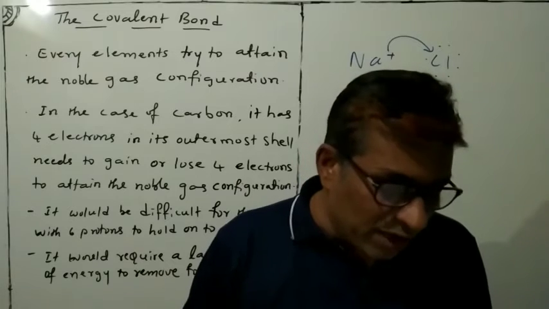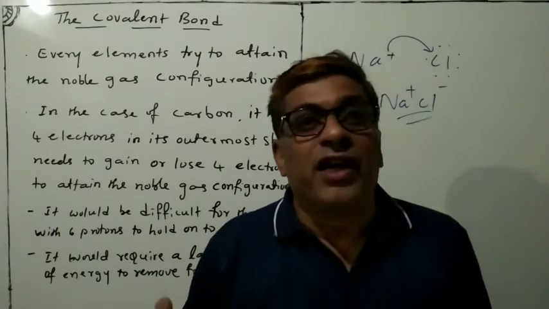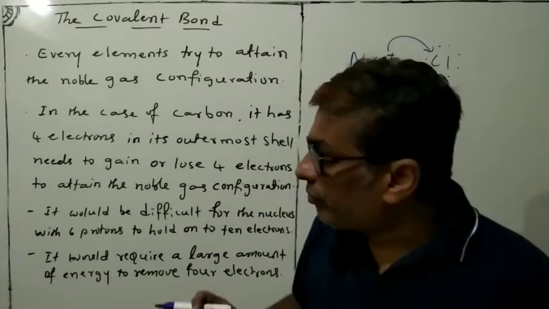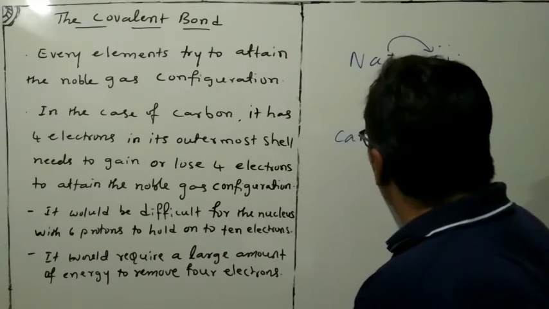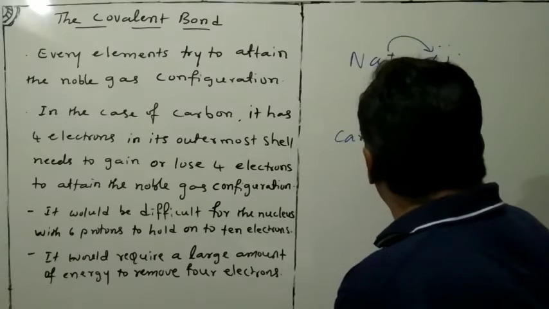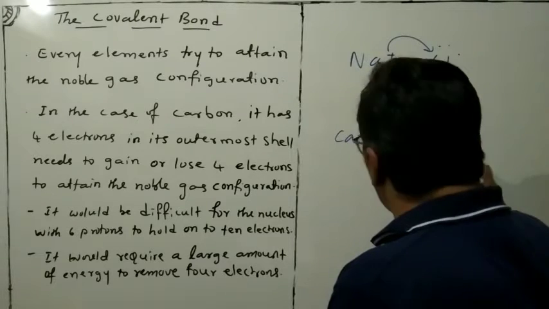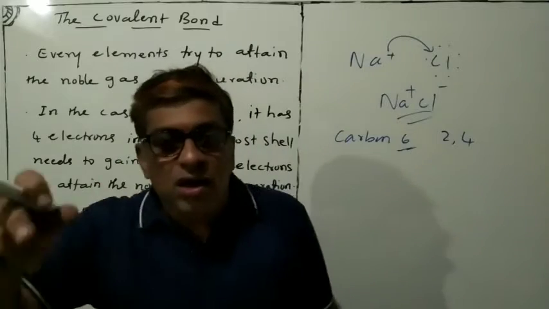Now what about carbon? You know that the atomic number of carbon is 6, and the electronic configuration is 2, 4, with 4 in the outermost orbit.